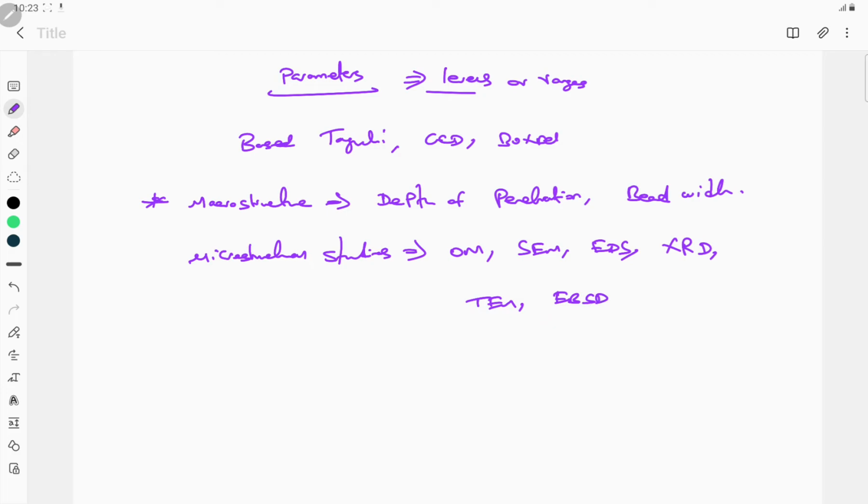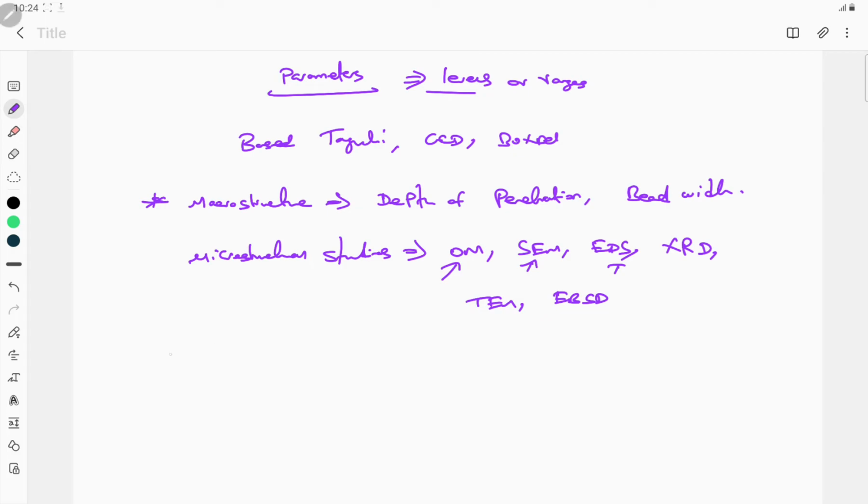Generally it is done on the welded samples to get information related to the metallurgical aspects of the weld. Okay, so in this materials and methods portion you get information related to the make of the optical microscope they have used, SEM make, EDS make, all those machines' information will be available.